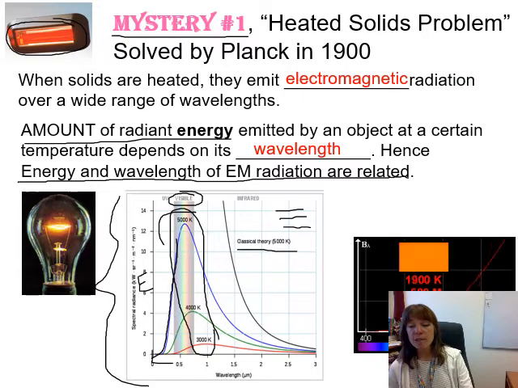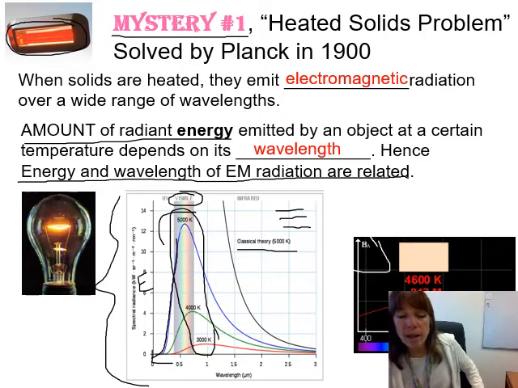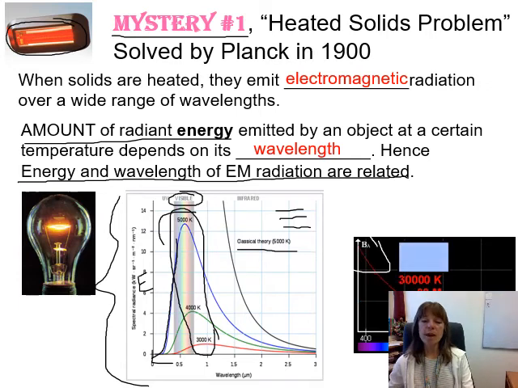So here's your wavelength on your graph. You're seeing wavelength versus this B, and that B has to do with intensity or energy again. So as wavelength becomes shorter, energy or intensity becomes higher. So let's look at Max Planck's equation.